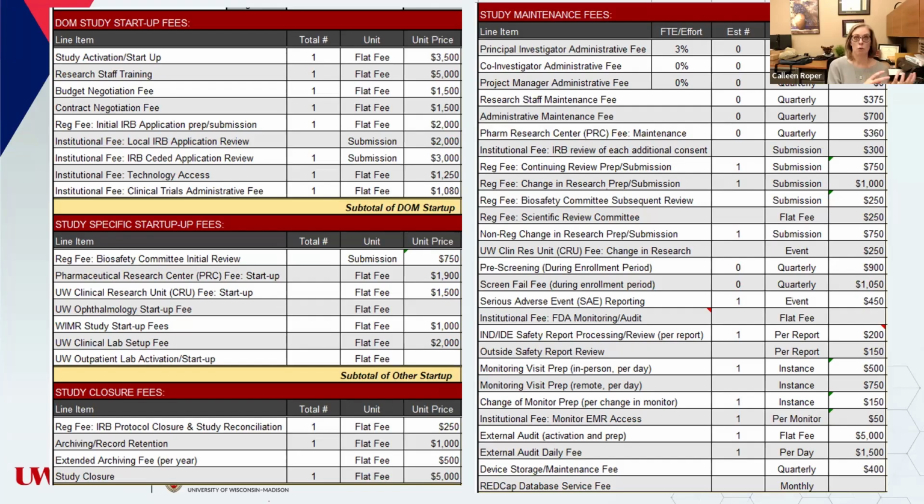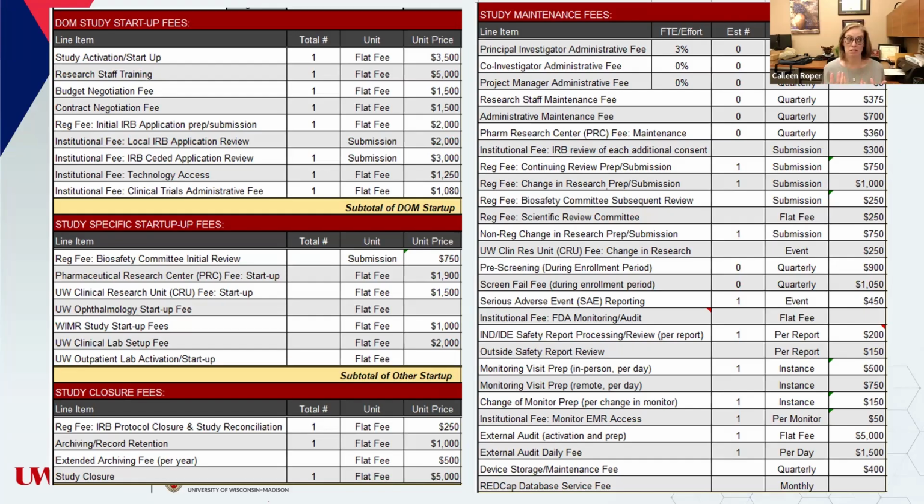Whereas in grants, we are really looking at putting in personnel time at 25 or 50% effort to do the grant activities, a lot of this is built in: the personnel time that it takes for IRB submission, for SAE reporting, for different sites like the pharmacy or CRU to do their startup activities. A lot of those are built into the site cost. So that's what we have here.